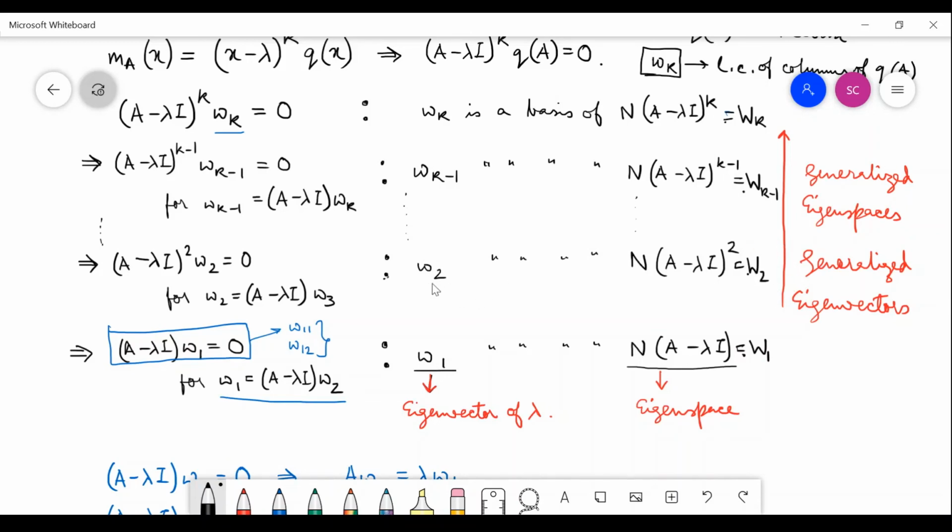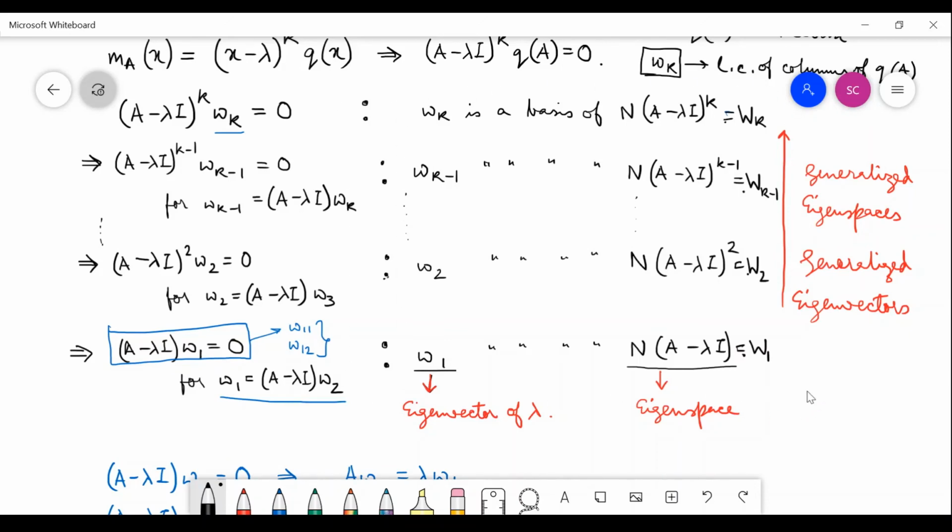This basis vector was not a basis vector of the lower order eigenspaces. So omega k is a basis vector of only Wk, not of W k minus 1 down to W1. You notice this fact.